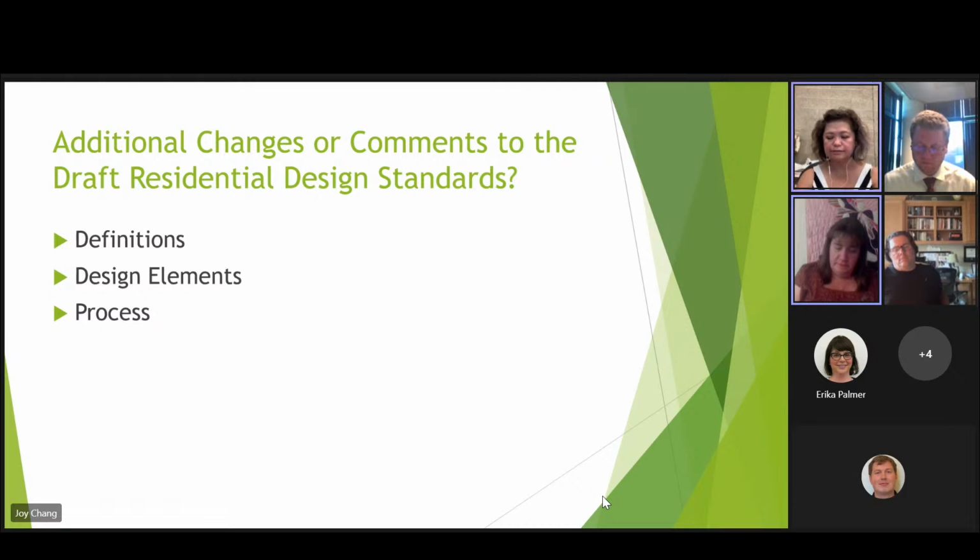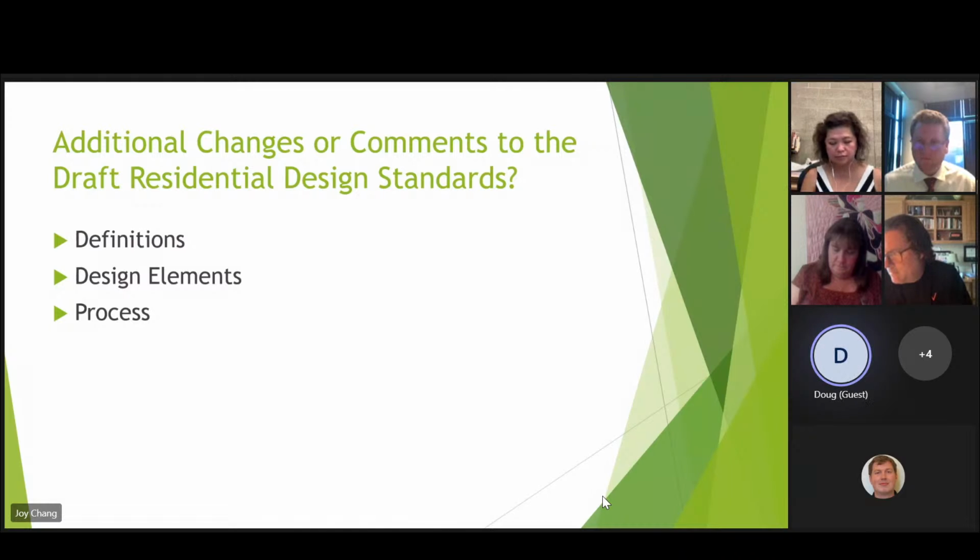Right. Okay, and a percentage there. Yes, and with a caveat to irregular shaped lots. And corner lots, I think. Yeah, I was going to say that corner lots should have that applied to both the front and the side yard facing the street.